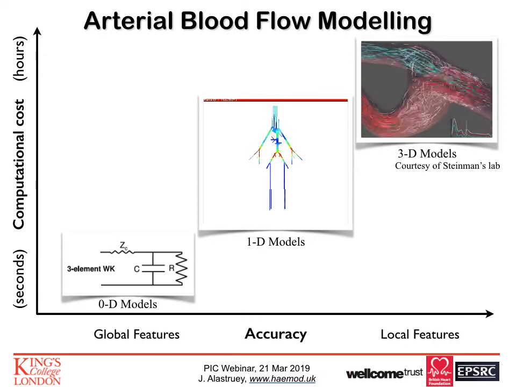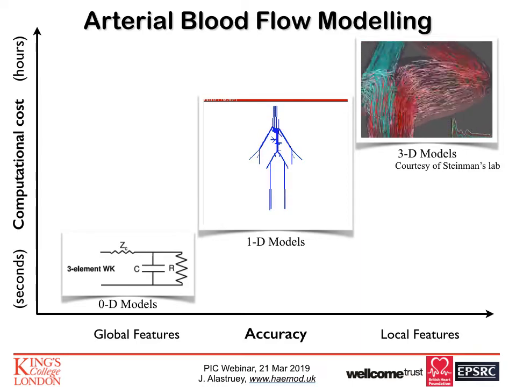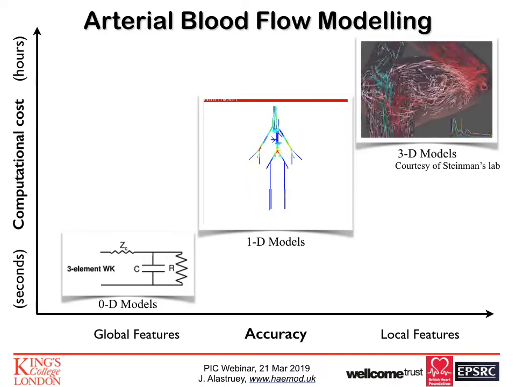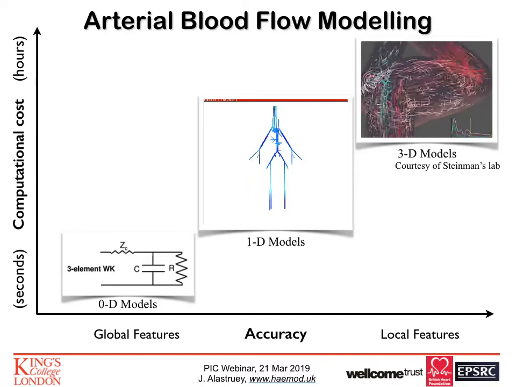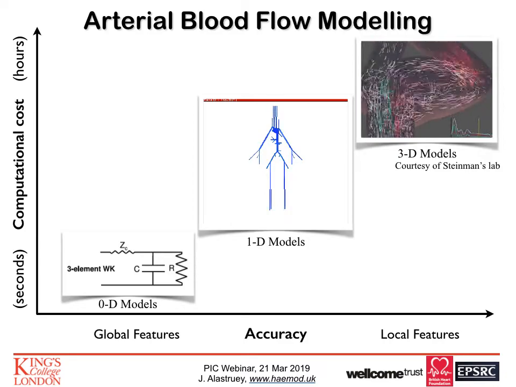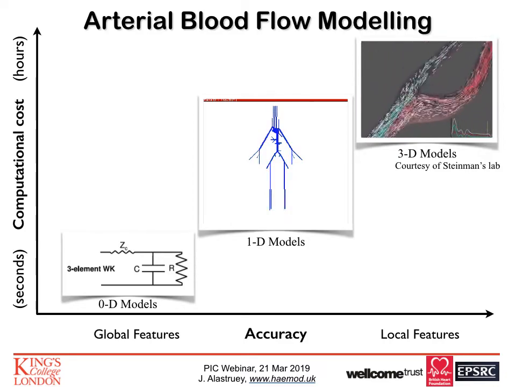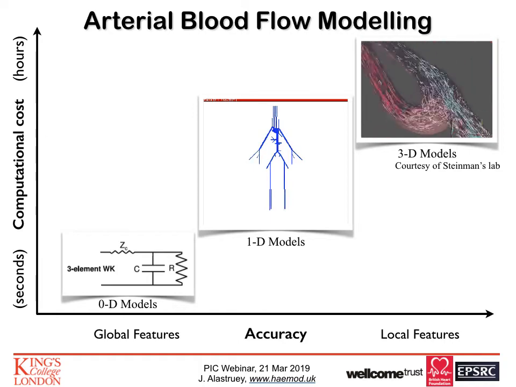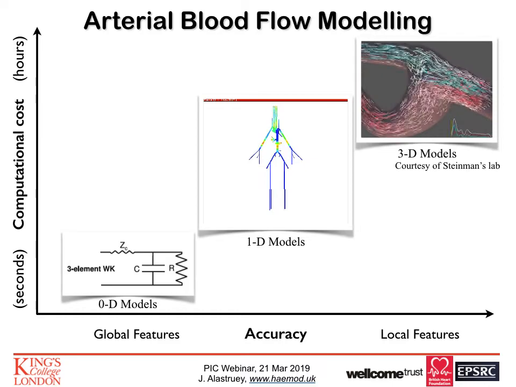They can all describe time-varying blood pressure and blood flow in the cardiovascular system, but with a different degree of accuracy in space. 3D models account for the variation in pressure and flow in the three-dimensional space. 1D models only consider changes in pressure and flow along the axis of the vessel, and 0D models are space independent.